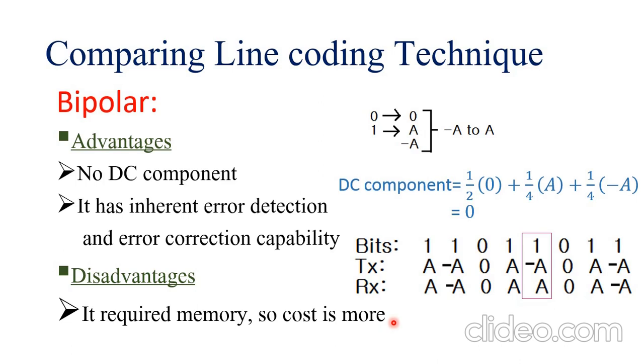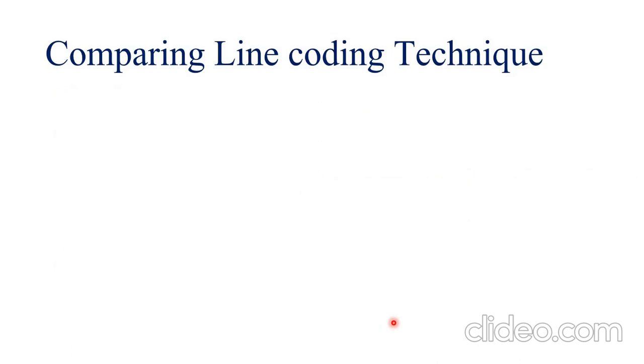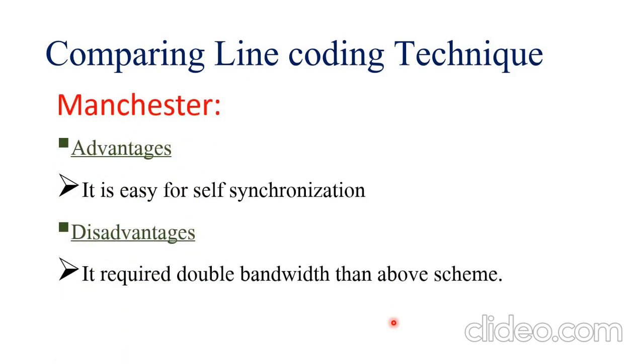Now, one more technique that I will be discussing, which is Manchester. In Manchester, for sending 1, you will be sending signal high to low, and to send 0, you will be sending signal low to high.